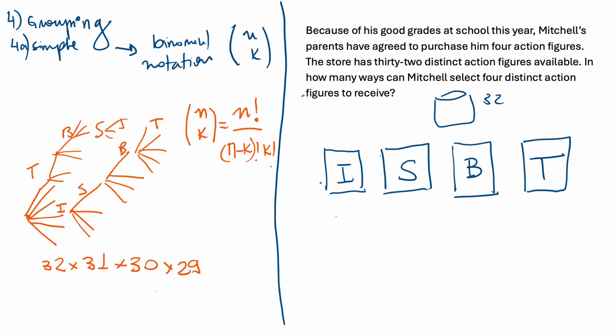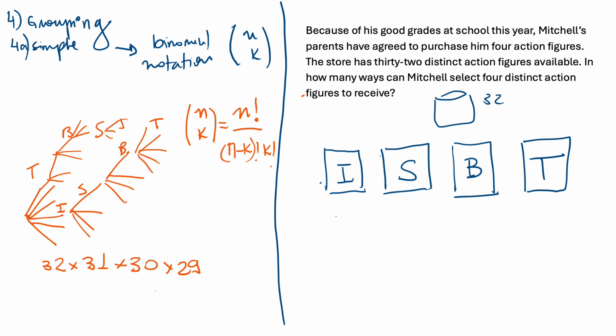But this is not the right answer, because this problem is not a selection without replacement. It is a correction of the selection without replacement, that is grouping. Why?